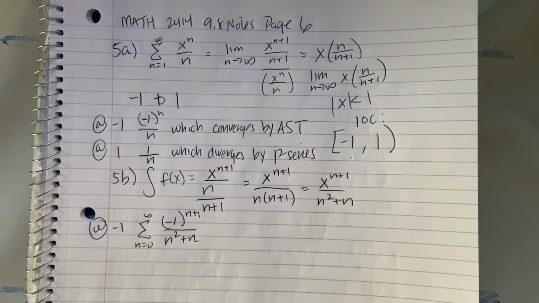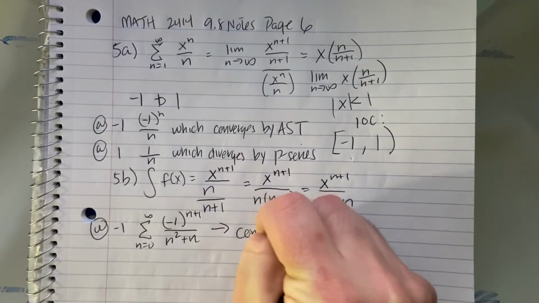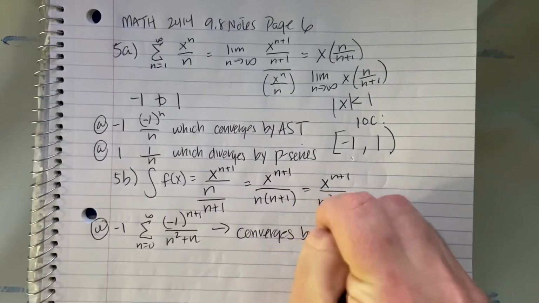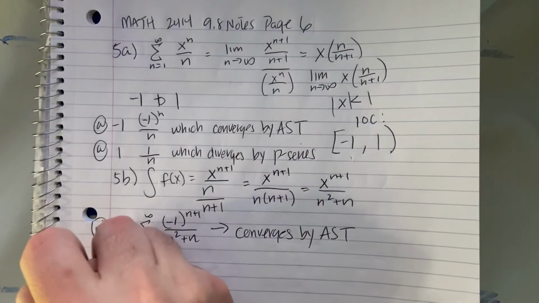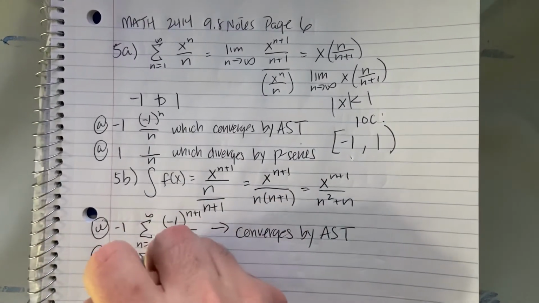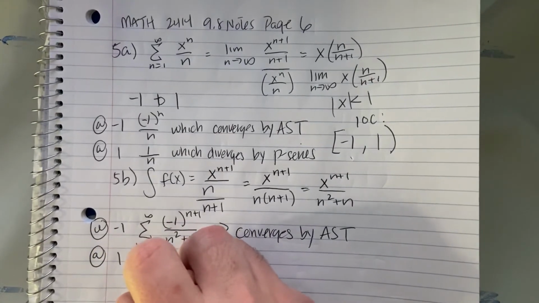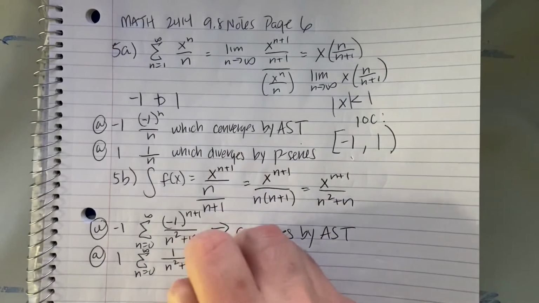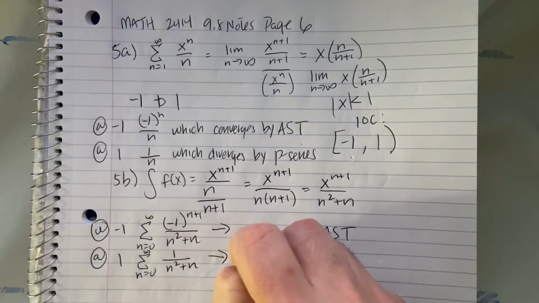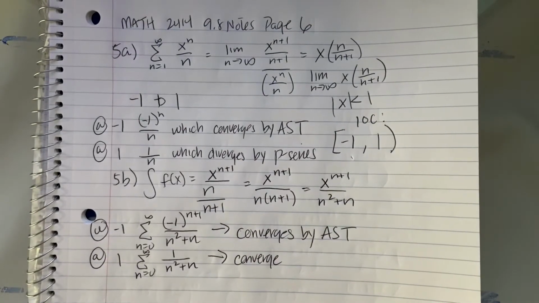Similarly, this converges by the alternating series test, because it's alternating in sign and the terms go to 0. What about at 1? At 1, this becomes 1 over n squared plus n. This is going to also converge either by direct comparison or limit comparison.